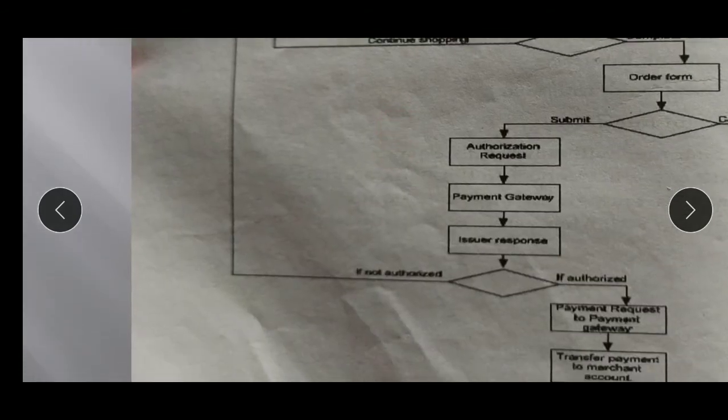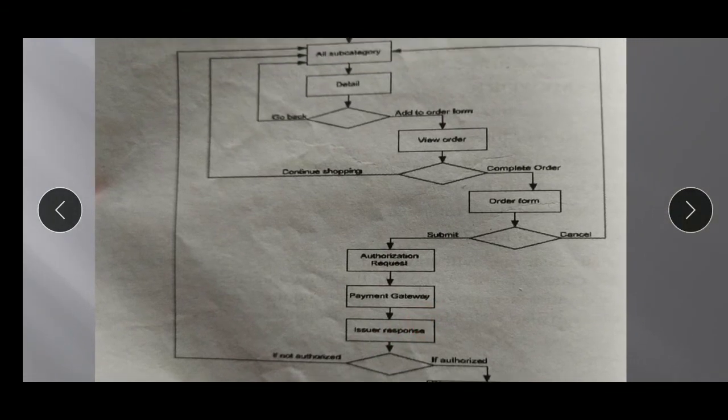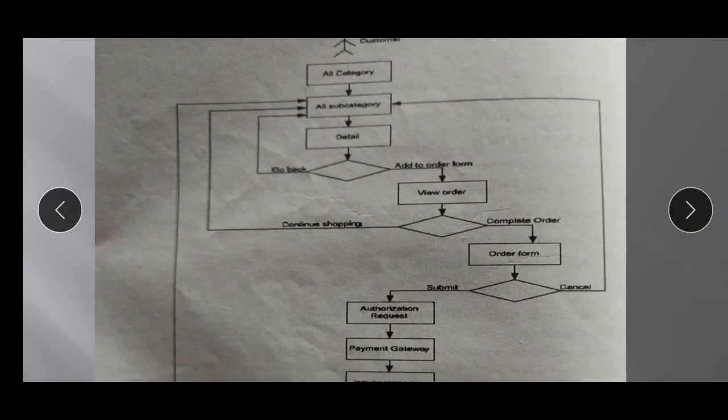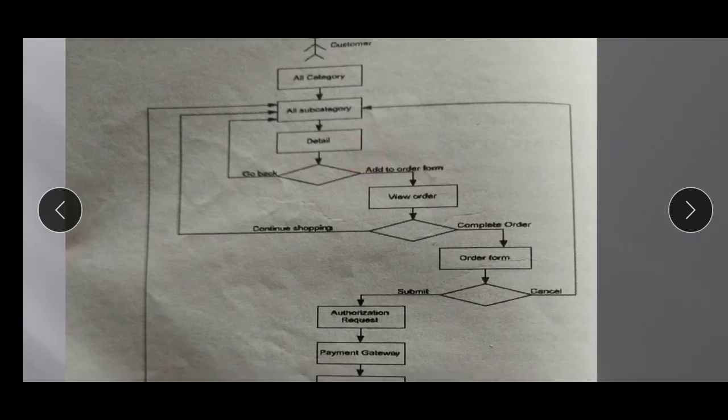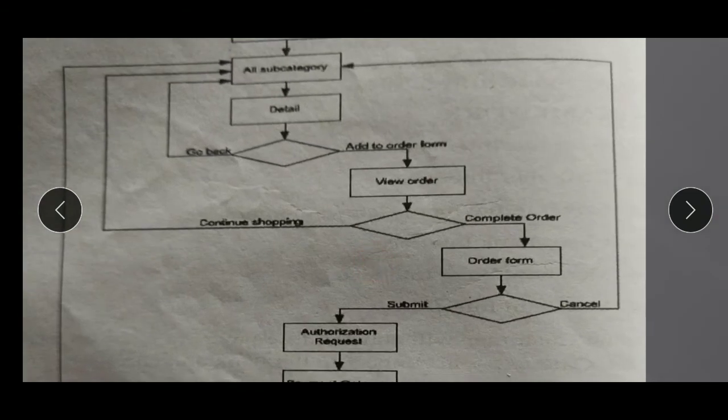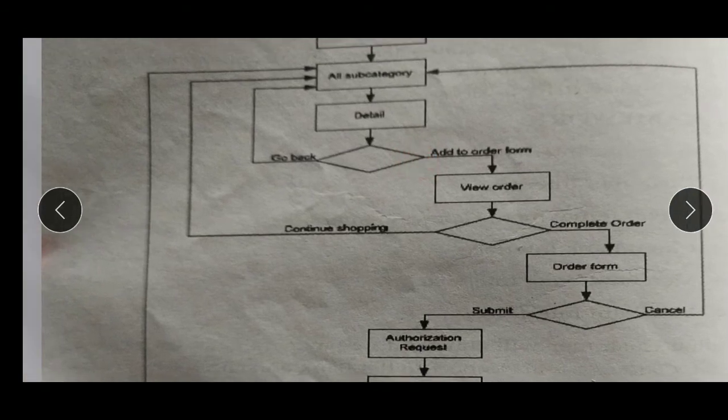Suppose I have all the subcategory details. If I do not want this in my cart, I will move it against all subcategories, that is, move to the list of categories. If I want it in my cart, I can order my form, view my order, complete my order, and the order will be submitted.